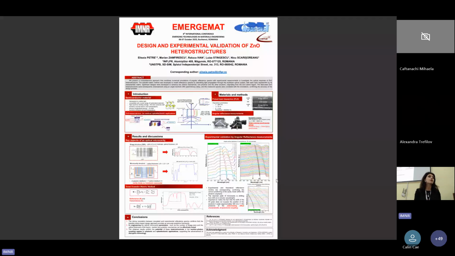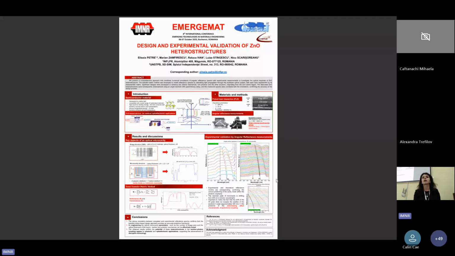For the numerical simulations, we used a standard method, which is called transfer matrix method. So we can see how light propagates each layer of the multi-layer system, and then calculate the reflectance spectra. For the experimental part, first of all, our samples were obtained by pulse laser deposition.